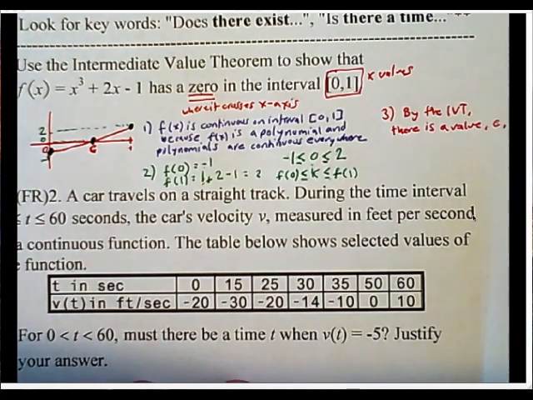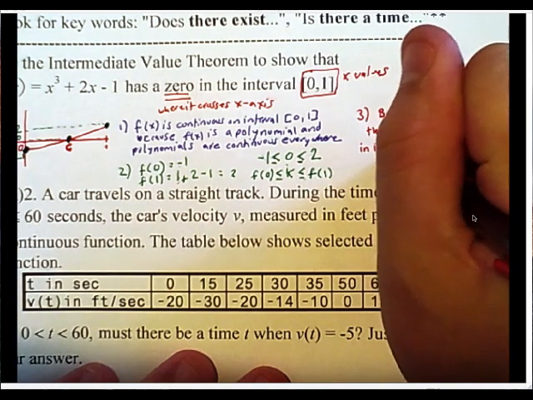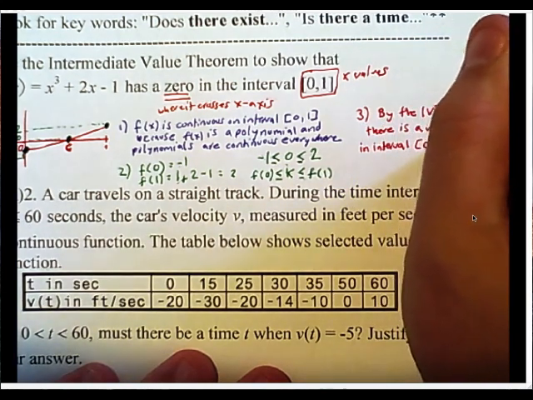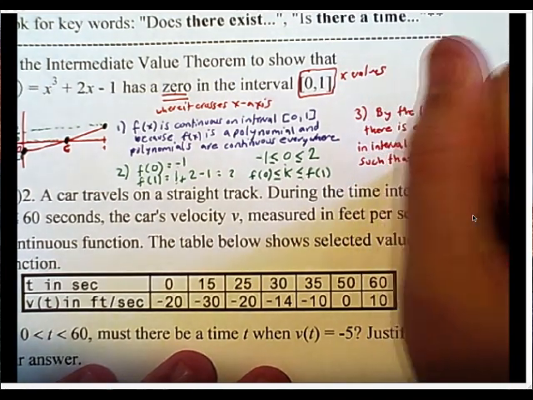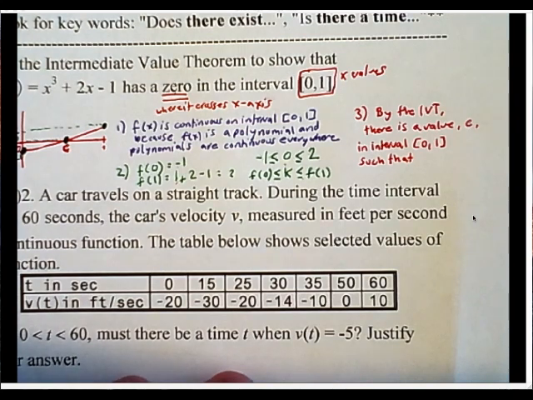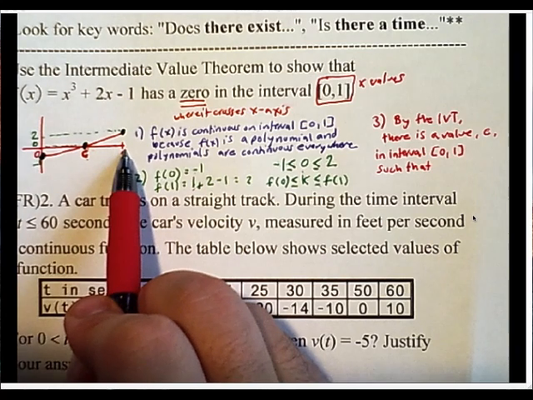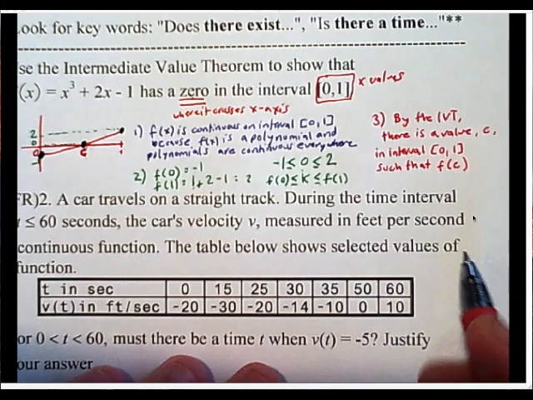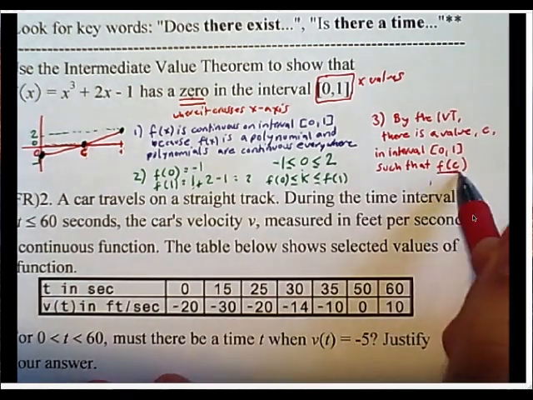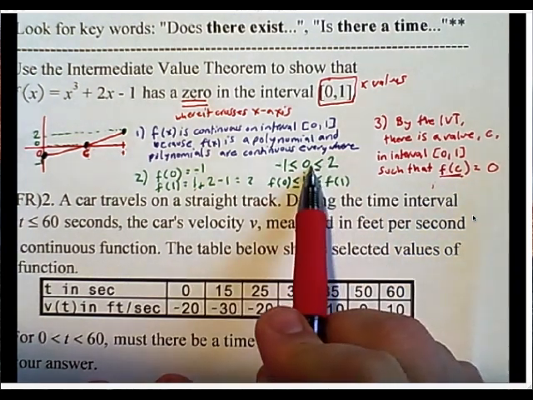There's the x value of C in the interval between 0 and 1 such that f of C equals 0. So I'm just saying there's an x value C in the interval 0 to 1 such that f of C, okay, what does this represent? That represents the y value equals 0, the same number as that.